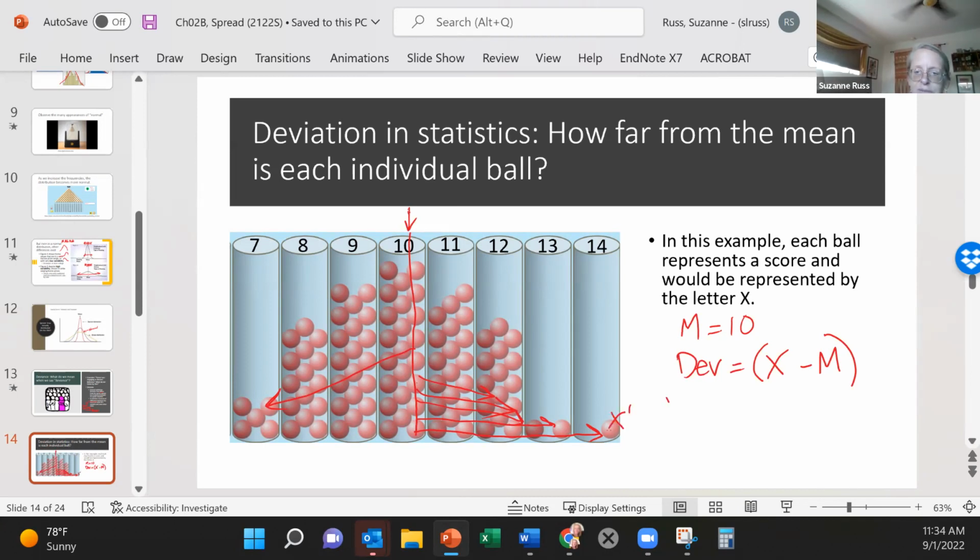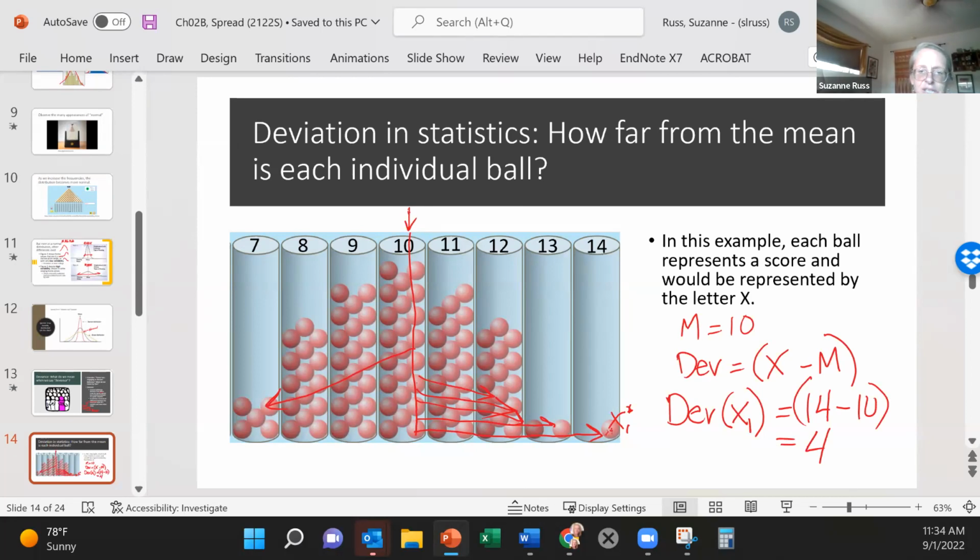The deviation for X1 equals 14 minus 10 equals 4. So the deviation for X1 is 4.